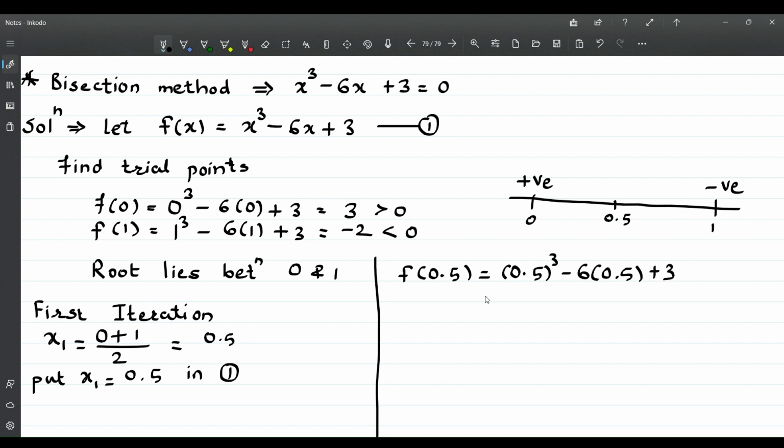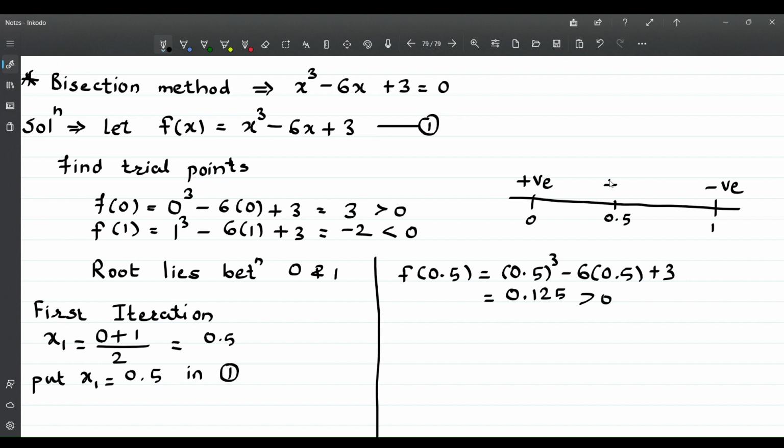You can solve this on a calculator also. 0.5 cube minus 6 into 0.5 plus 3 is 0.125. So this answer is positive, that is greater than 0.